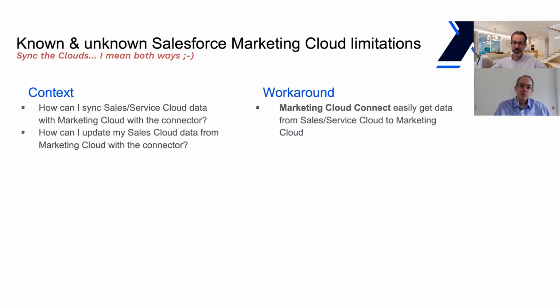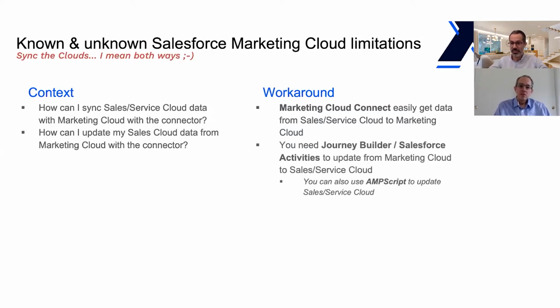But if you need to update your Sales Cloud or Service Cloud, you will need to build customer journeys and use the Salesforce activities that allow you to update from Marketing Cloud to Sales Cloud. Or you can also use AMPscript, which is a specific language for Marketing Cloud, mainly for developers.